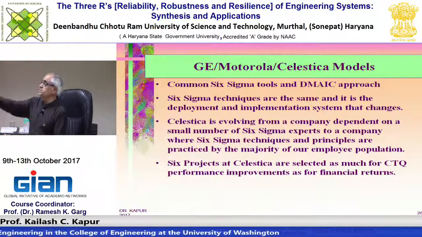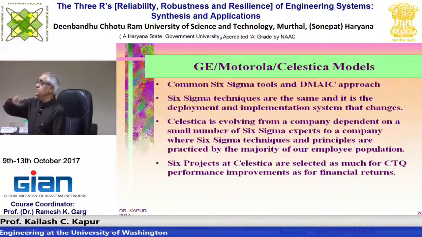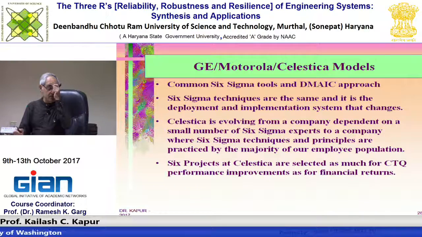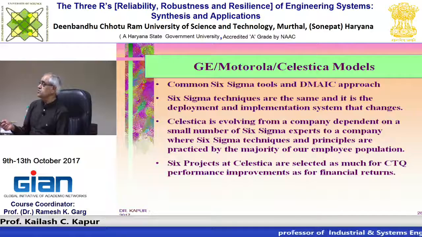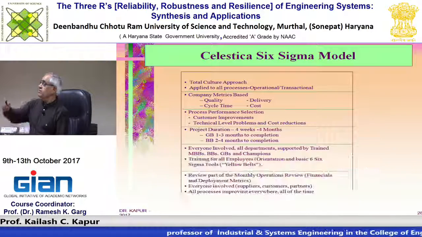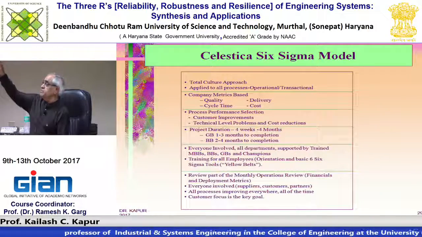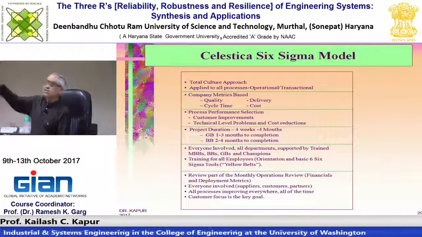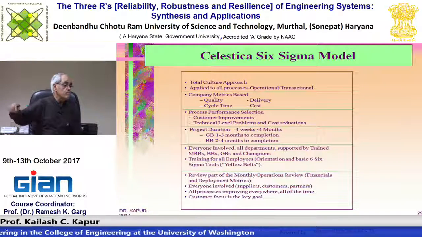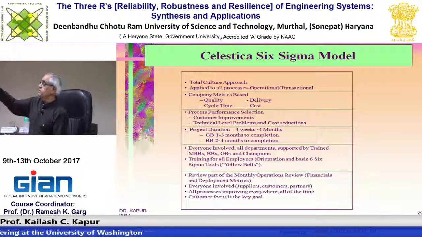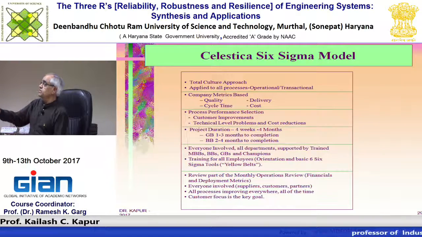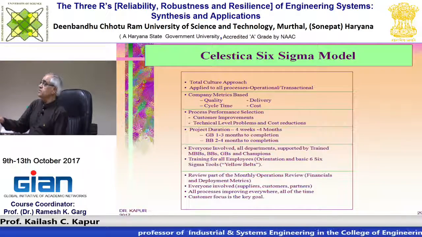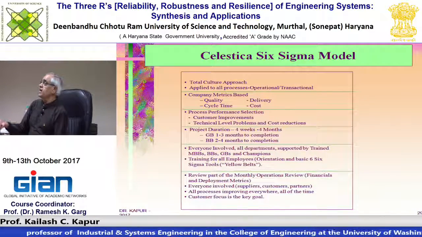So many companies, typically like GE or Motorola or many companies that make microprocessors, they have a way how they will implement the Six Sigma model. So like this is one example from Celestica company. So then the question is, what are some of the things that they do in the organization?